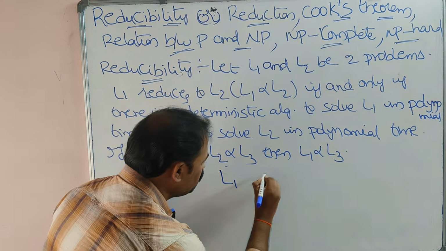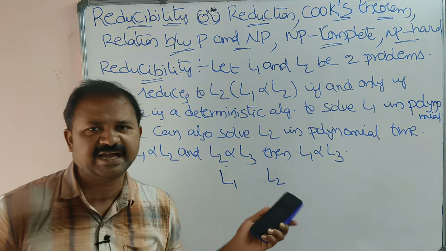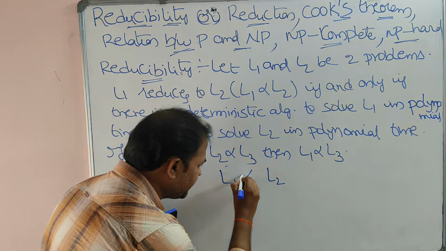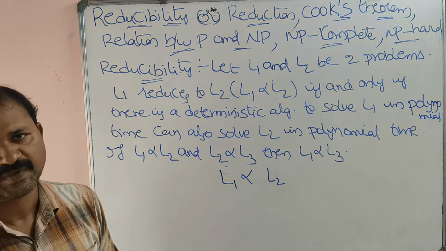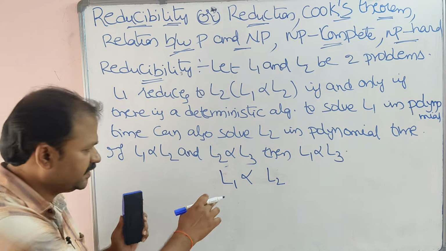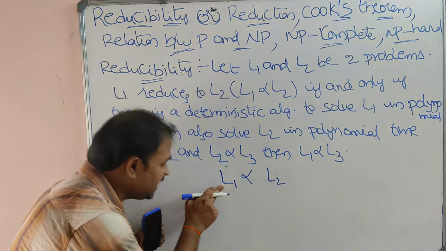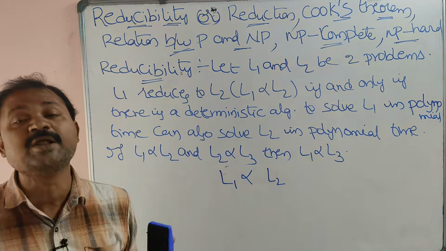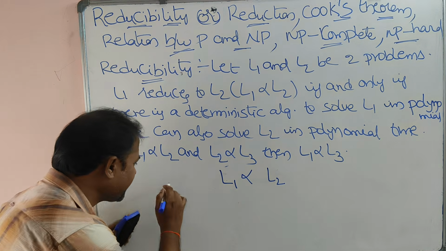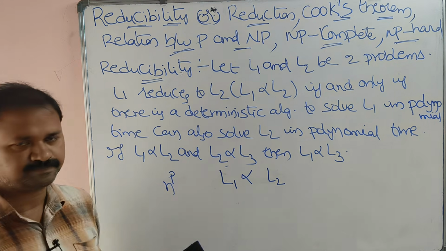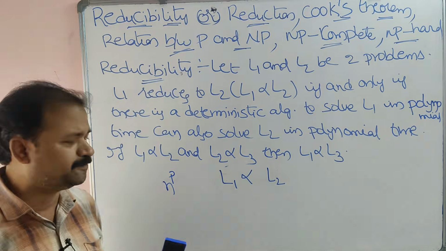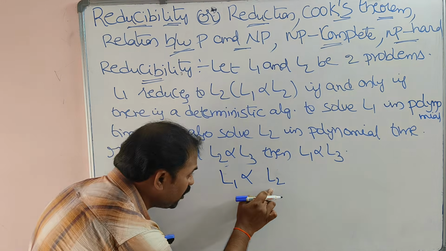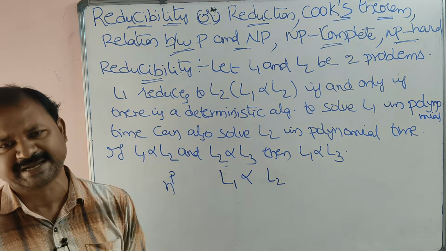Let we have two problems such as L1 and L2. We can say that L1 reduces to L2 if and only if there is a deterministic algorithm that solves L1 in polynomial time. Polynomial time means n power something. Then the same deterministic algorithm can also solve L2 in polynomial time.